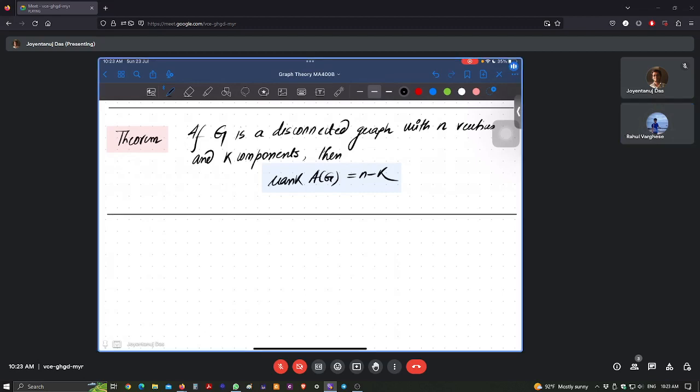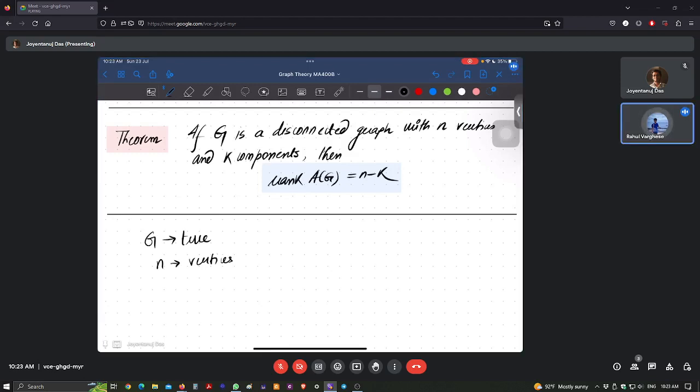Okay. So now we'll look into the special case when G is a tree. So suppose G is a tree now. n is the number of vertices, right? What is the number of edges? In terms of n, we can write the number of edges as n minus 1.